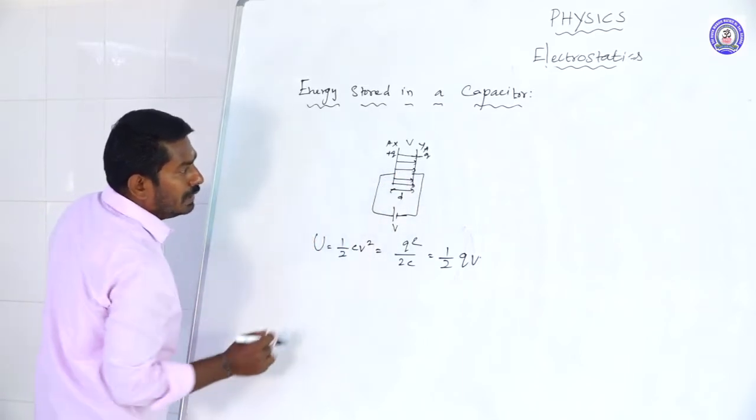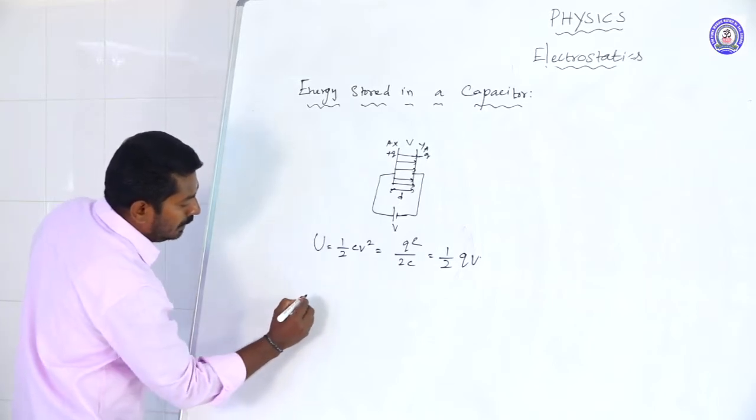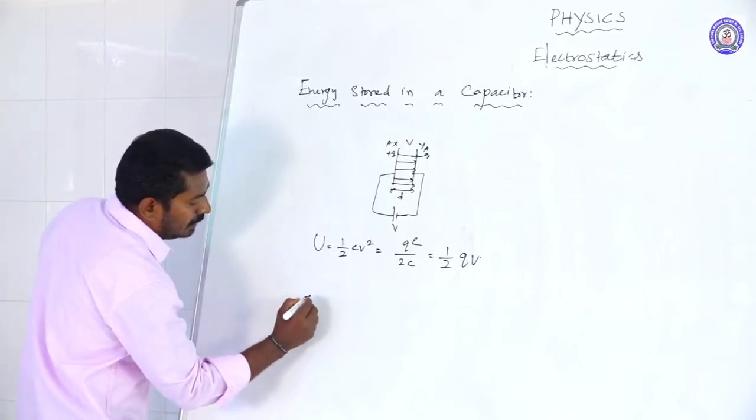Energy stored per unit volume of space between the two plates is nothing but energy density.